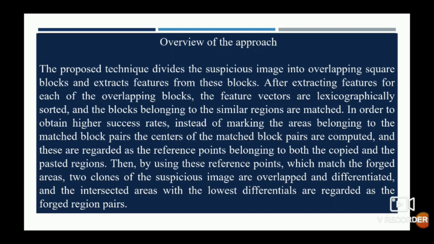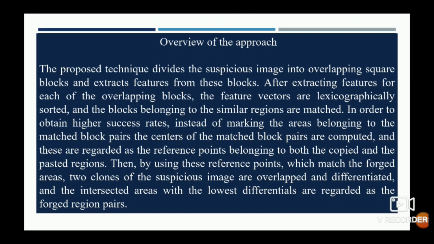Now moving on to our next slide, that is the basic overview of the approach. What we have done is divide our image into certain blocks. Then we extracted the features from the blocks. After extracting those features, we made the feature vectors, and those feature vectors are lexicographically sorted, and the blocks belonging to the same region are matched.